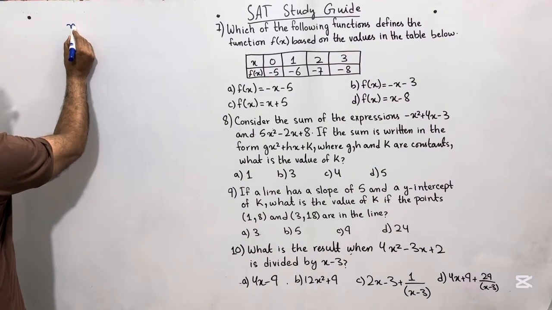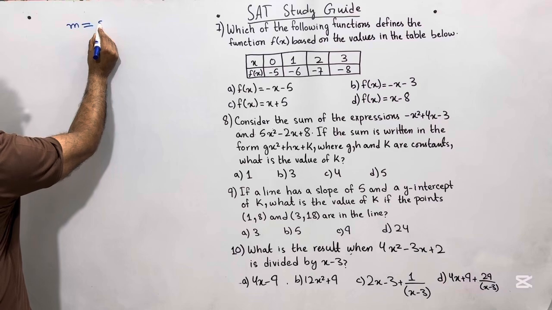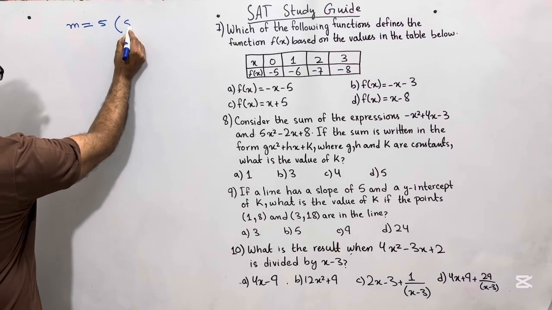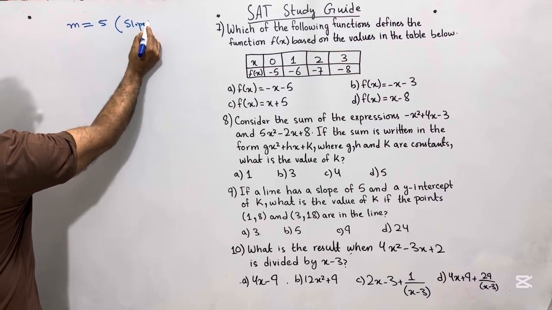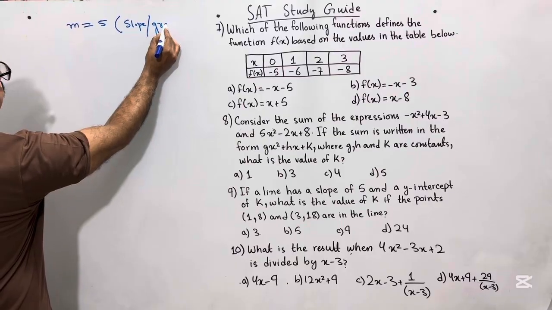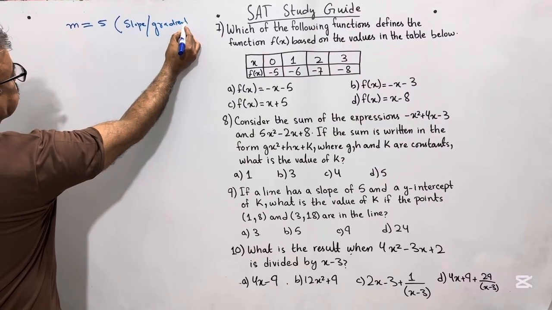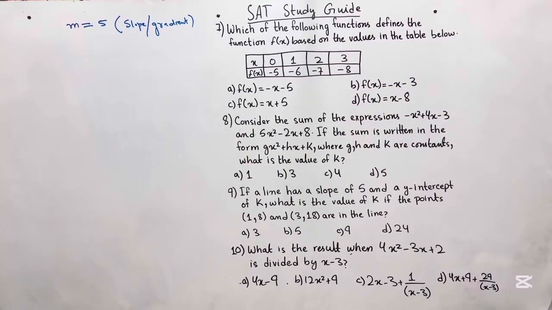Slope, denoted by m and also known as gradient, is 5. It is given to us.